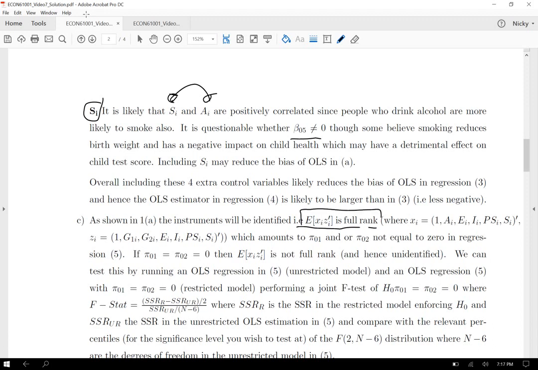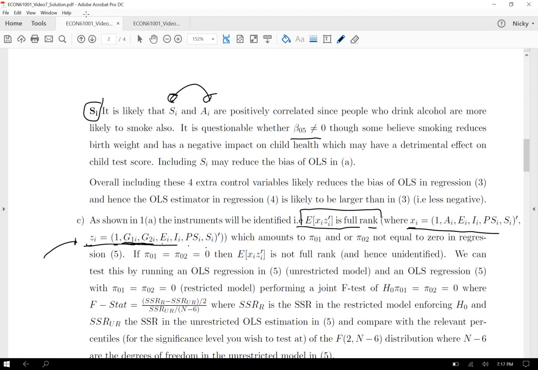Where we have the instrument, we've got the constant, both the genes, which are the instruments for A, and then all the controls. So we're using the controls as the instrument for themselves. So this is our instrument vector here. We've got all the controls, both our instruments for alcohol and the constant, and this is our original regressor here.